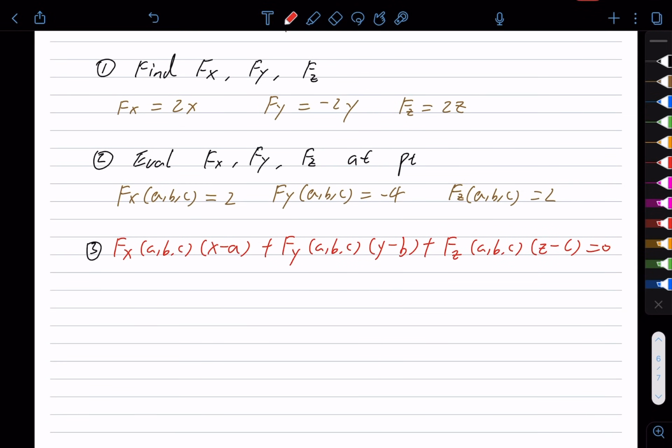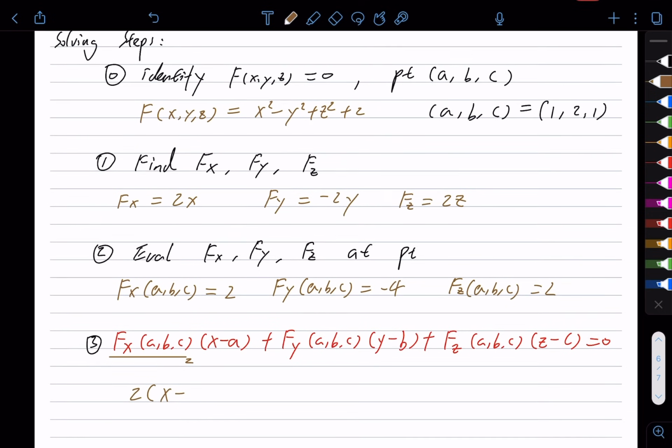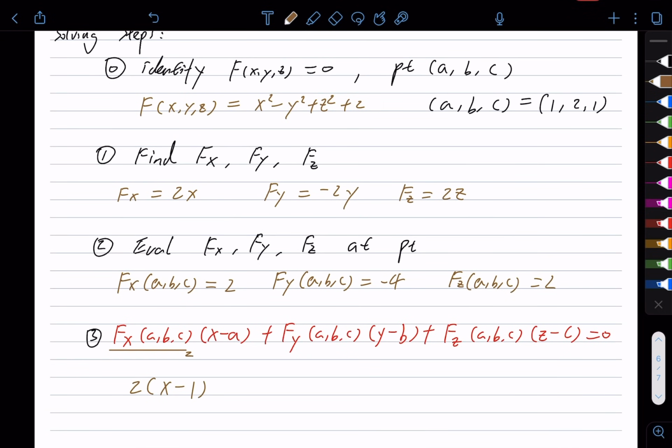Okay? So for this particular problem, this part is just going to be 2. So 2 times (x minus a), what is a? a is 1, plus negative 4 times (y minus 2), plus 2 times (z plus 1) equals 0.